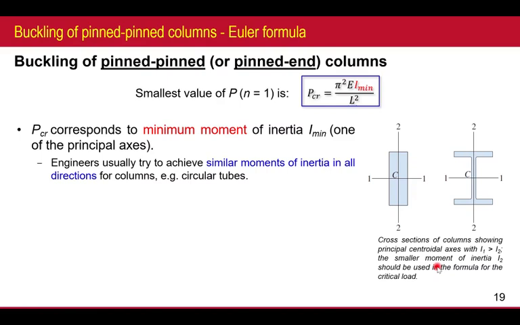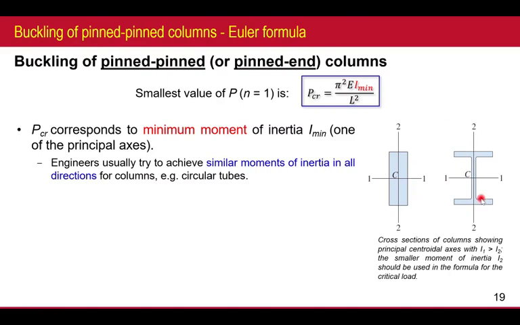The cross sections of the column show the principal axes. Of course, I1 is greater than I2. So you can work out: if I1 is equal to 1 over 12 b h cubed, I2 will be 1 over 12 h b cubed. You can put in any value and find which is bigger and which is smaller.